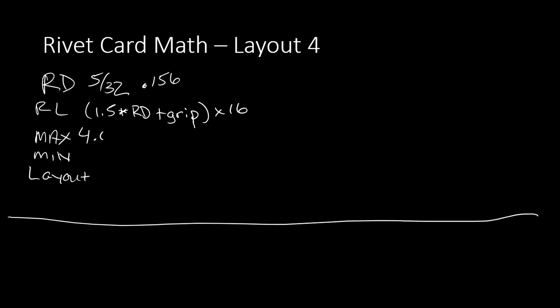So 4.0 times that 5 tells us our max number is 20 rivets. 20 times the 0.75 gets us 15 as our lowest. Remember, it's staggered, so I'm not going to want to go with 15. I want to be at least one higher.